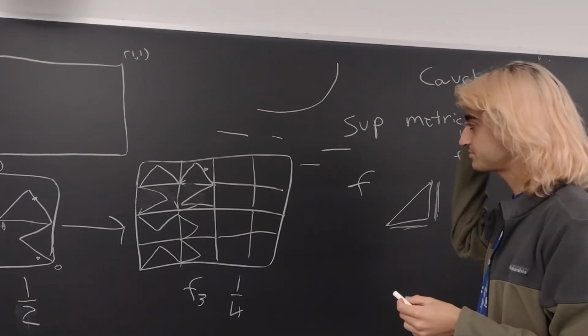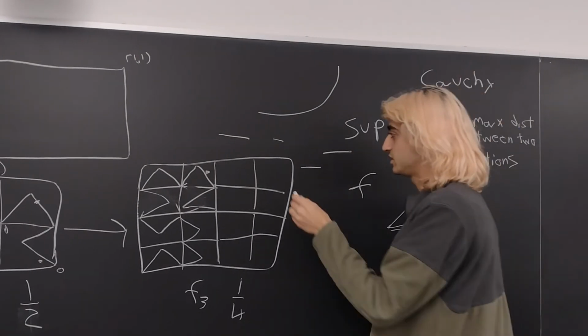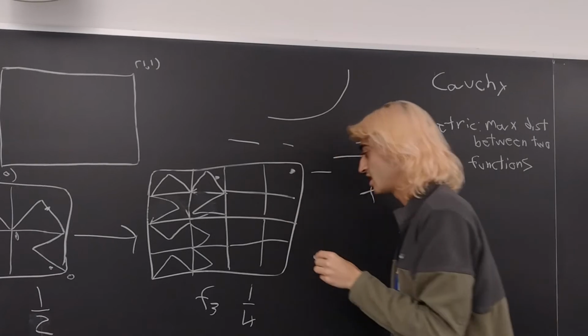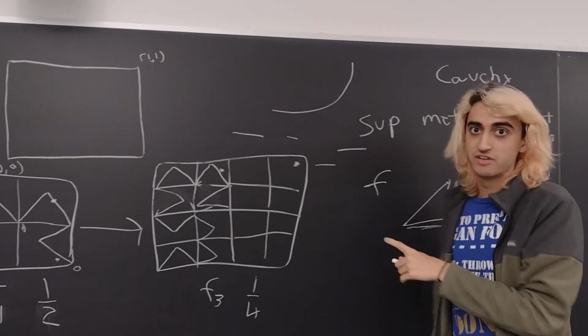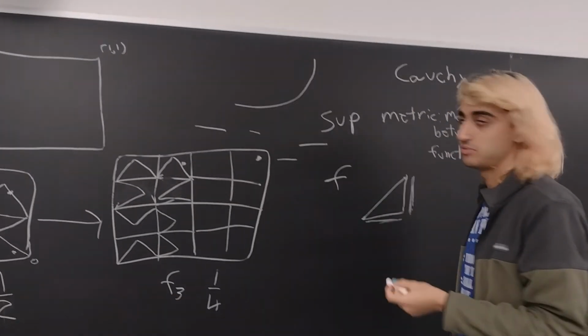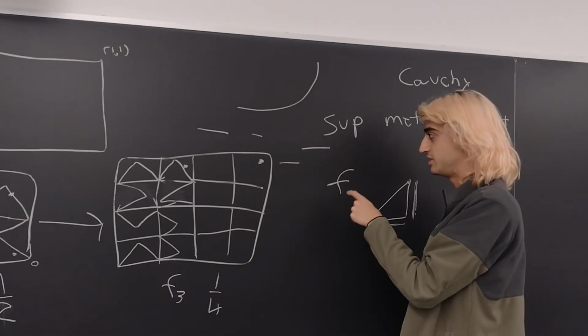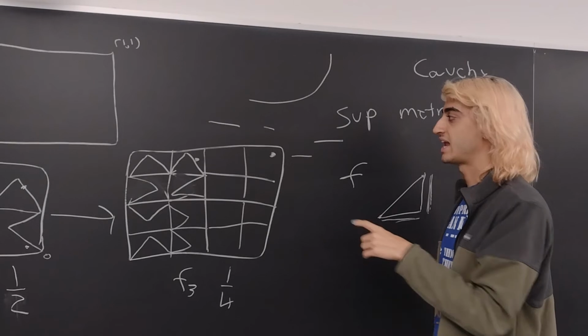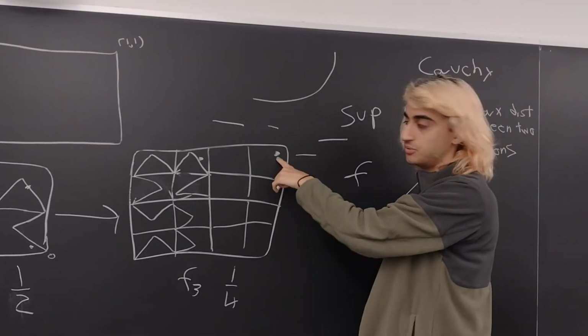Okay, so to do that, pick some arbitrary point in this square. We want to show that this is a limit point of the output of f, and to do that, we want to show that points in the output of f get as close as we want to this point.